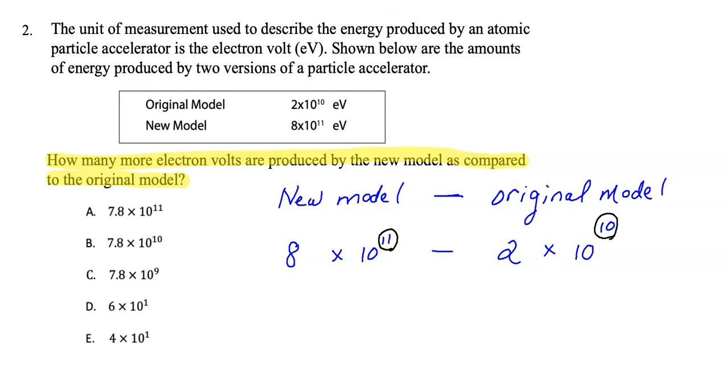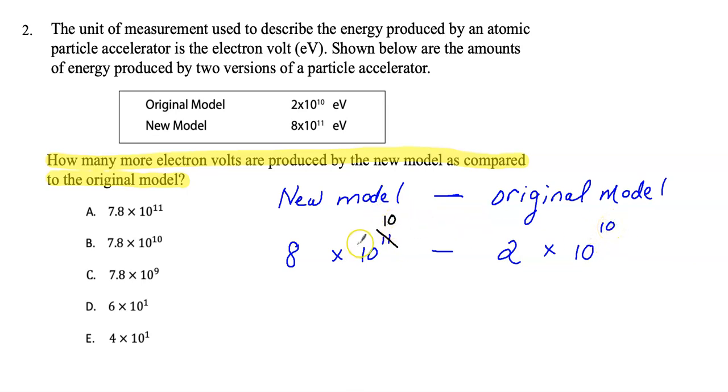So I'm going to drop this exponent down 1 unit. Right now it's an 11. I'm going to drop it down 1 unit to a 10. Now these exponents are the same. This is a 10 and this is a 10.